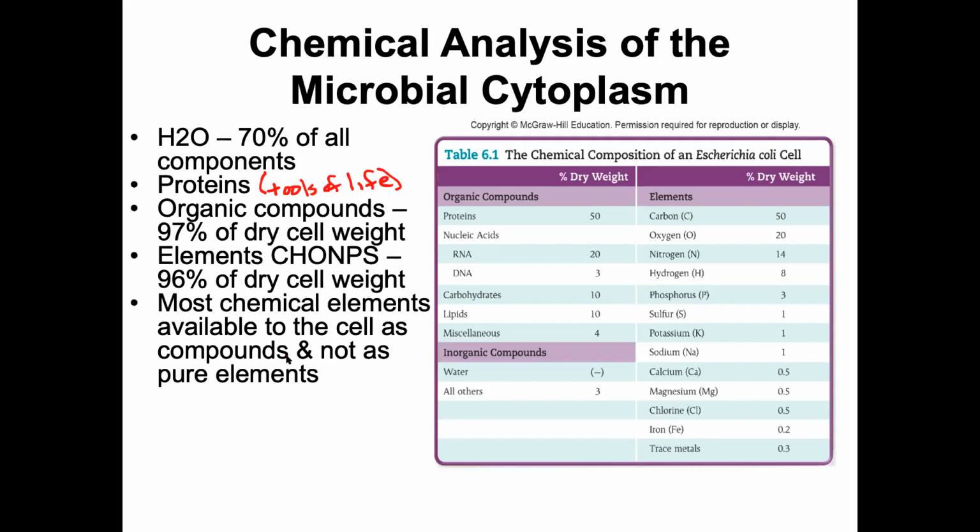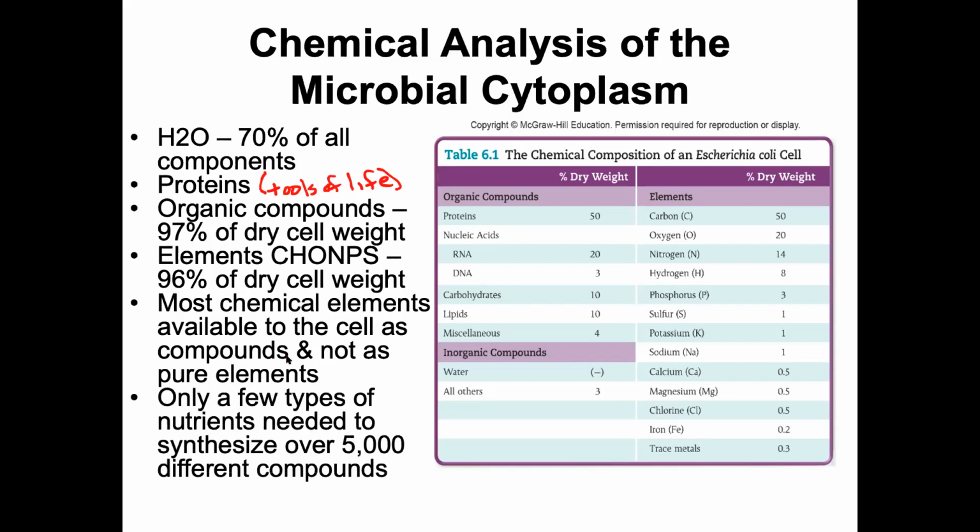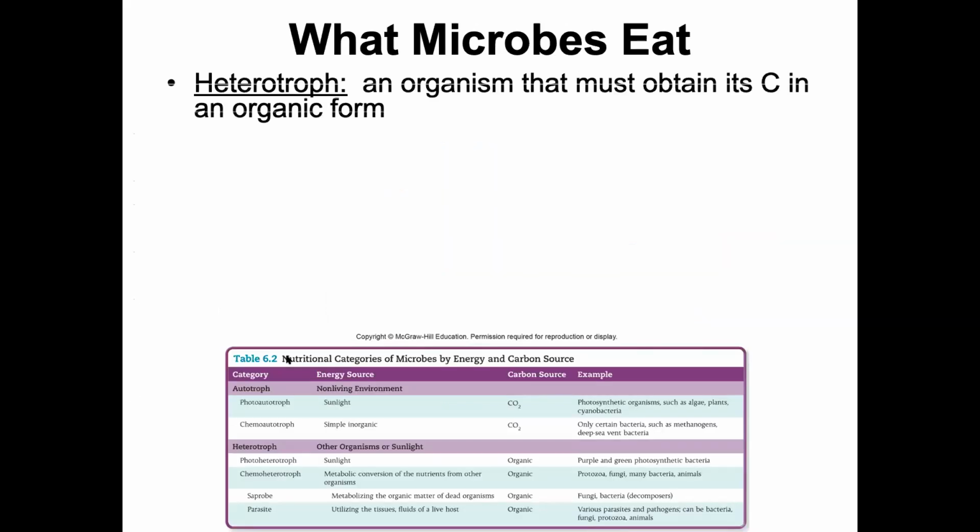Like the way that we get sodium and chloride is as sodium chloride, table salt, and not as pure sodium or pure chlorine. Only a few types of nutrients are needed to make all the different compounds necessary for life. You can see in the table what's going on.